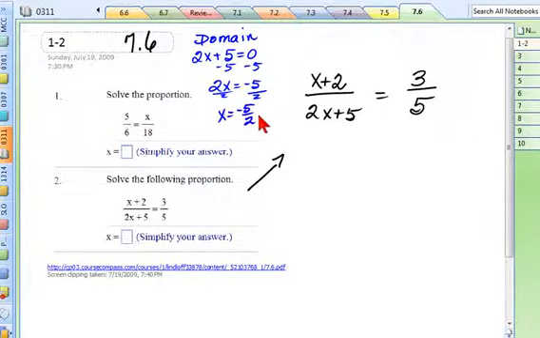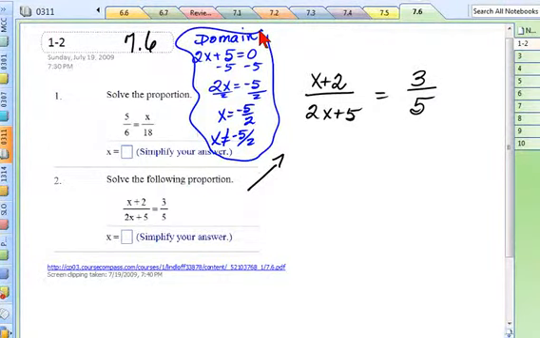But that's actually the domain restriction. We're not going to let x equal negative 5 over 2. So if it turns out to be negative 5 over 2, I have to throw it away. And that should be a good review for the first topic from 7.1.